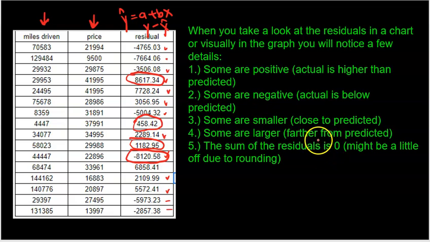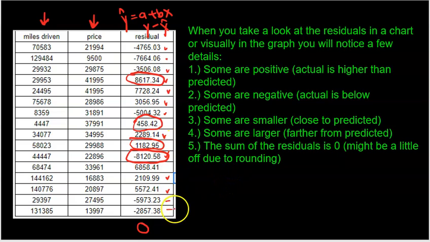So that's just kind of what happens, right? When you're dealing with residuals, some are naturally going to be positive, some naturally negative, some naturally small, and some naturally large. That's actually a really good thing that we're going to talk about shortly. Now, the one last thing I want to emphasize is that if you were to add up all the residuals, you should get a sum of 0. Now, I'll be honest, if you actually pause this video and add up all these values, you don't get 0, but you get something fairly close to 0.